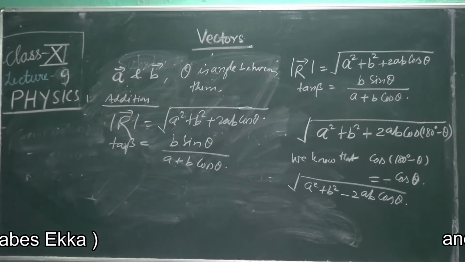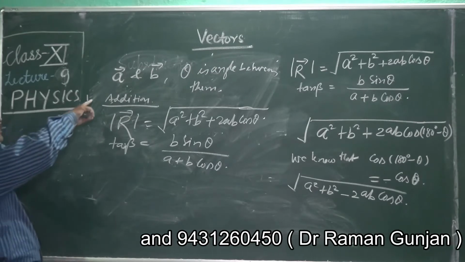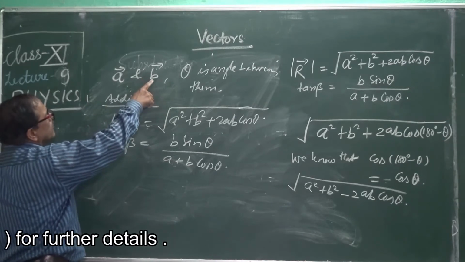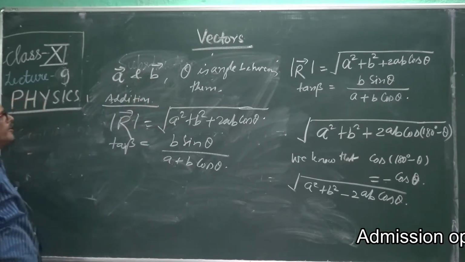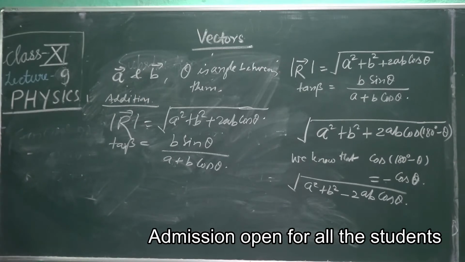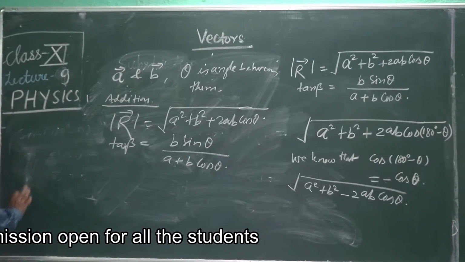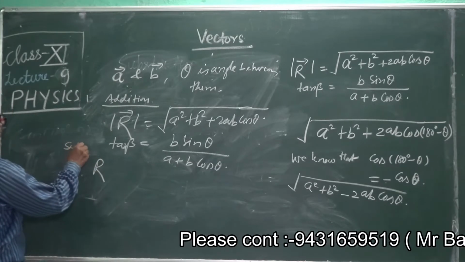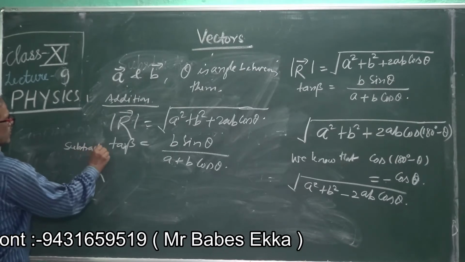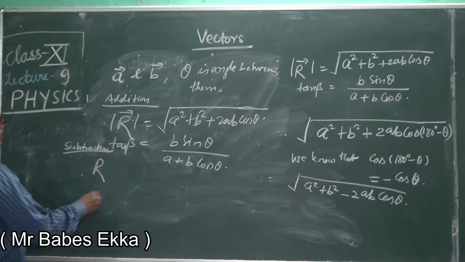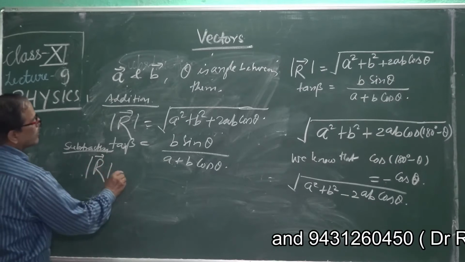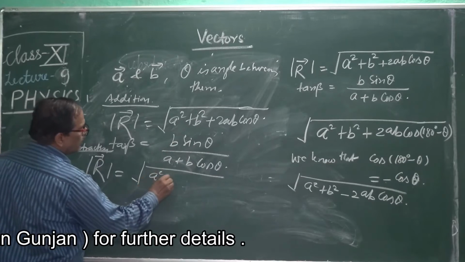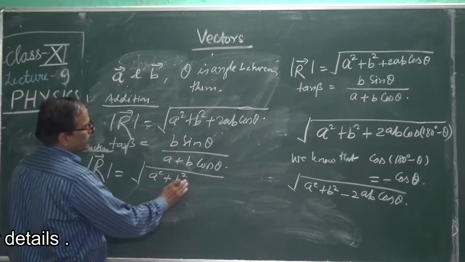When the two vectors, this vector A and vector B, we are going to subtract vector B from A. In that case, what is the resultant? In case of subtraction of vectors, the resultant is a very similar formula, but with a difference.